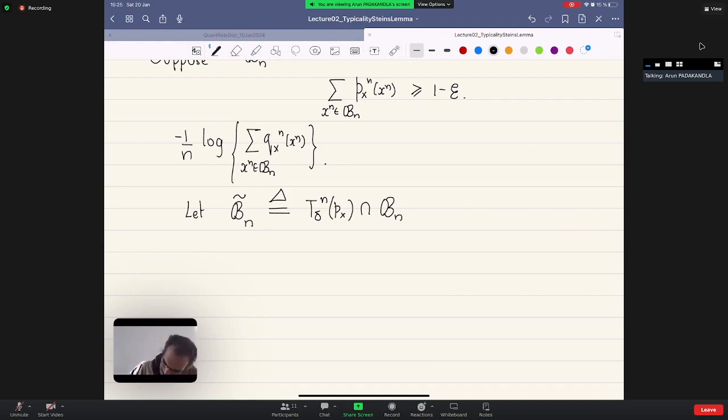So it's a smaller set, right? So we know that this is true. Xn belongs to B tilde n. Qxn of xn is going to be greater than or equal to, less than this.